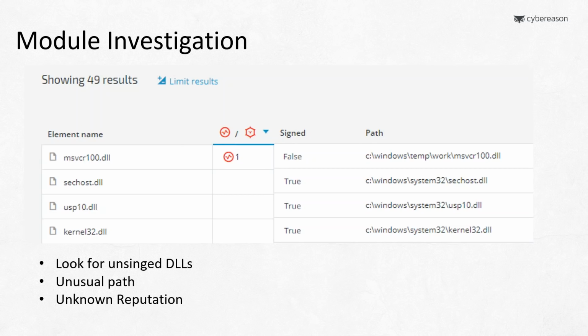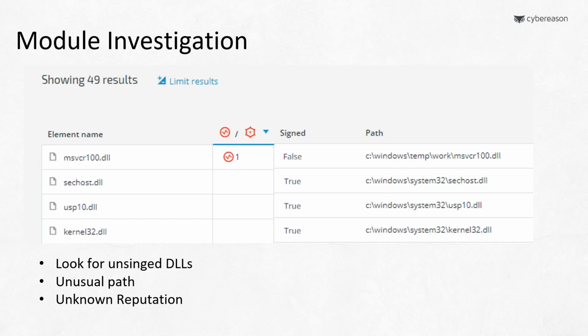As you can see, there are two parameters here, two characteristics of DLLs that we can see. We can see if it's signed or not, and we can see the path that it's running from. Now, OS DLLs are always signed. So the fact that this one was not signed rang a bell, and the path also looked weird because most Windows DLLs are located in the common Windows DLL folders.